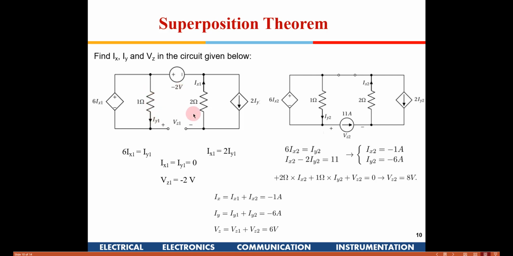Because there is no voltage drop across this 1 ohm and 2 ohm, and although it is given plus here, minus here, the magnitude is given as -2. So you need to be careful in your exam. Don't just go by the sign which is here; you also need to see the magnitude which is given here. So in the first case, we got Vz equal to -2 and Ix1 and Iy1 as 0.